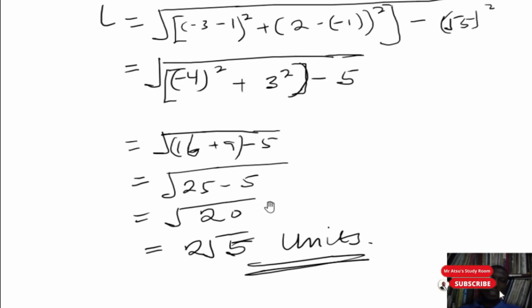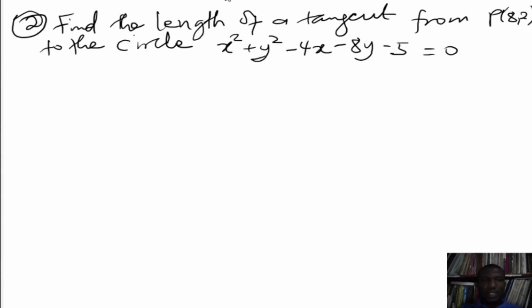We take another example, and with this example I would like you to pause the video and work it out, and then I will share the answer. So example 2 says find the length of a tangent from P with coordinate 8, 2 to the circle with equation x squared plus y squared minus 4x minus 8y minus 5 equals 0. Like I said, you should pause the video and work it out.